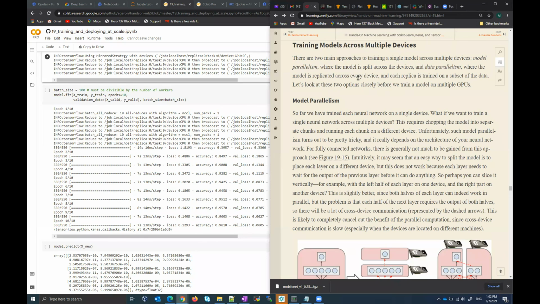So that's my whole data and model parallelism intuition, I think.